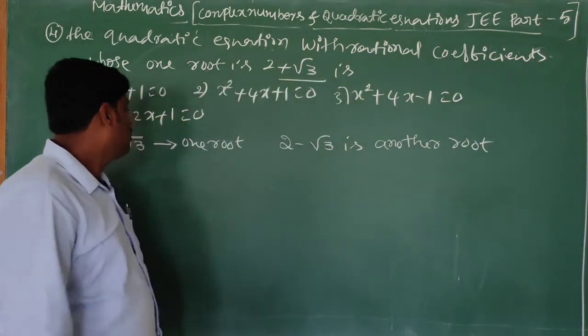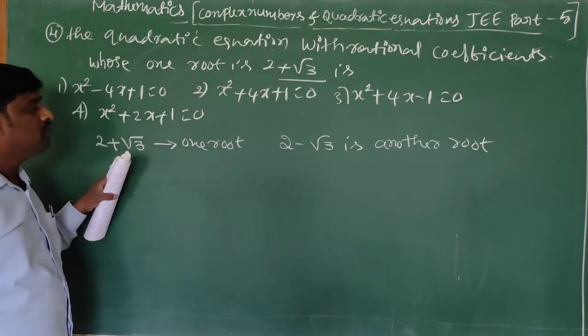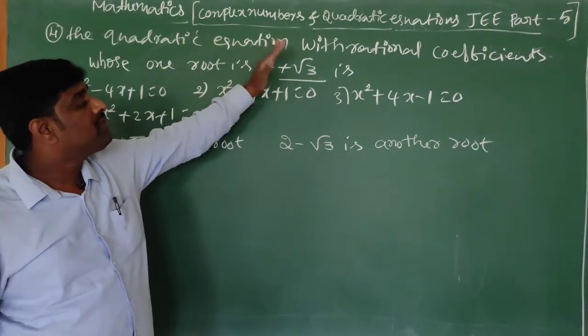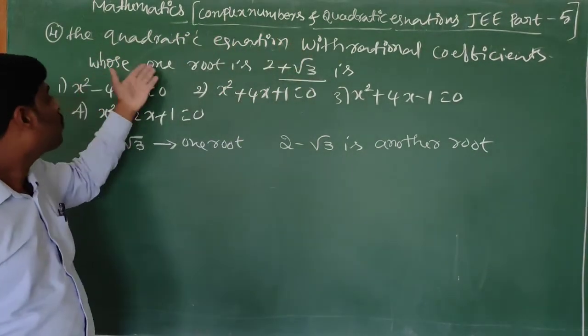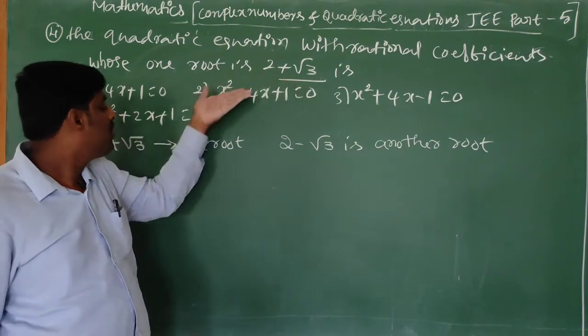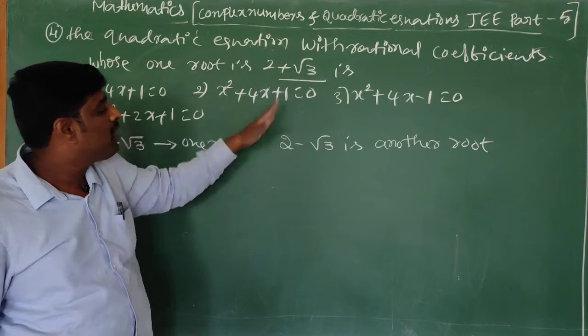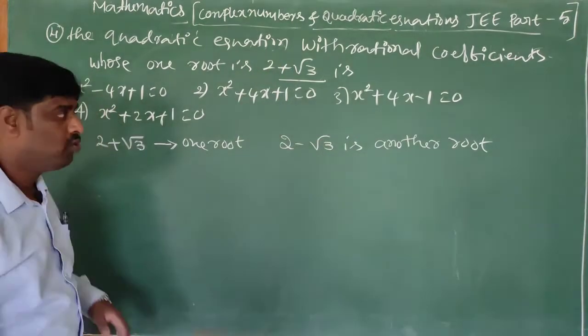Okay, so now this is m value, this is n value. The quadratic equation with rational coefficients whose one root is 2 plus root 3, and the other root is 2 minus root 3.